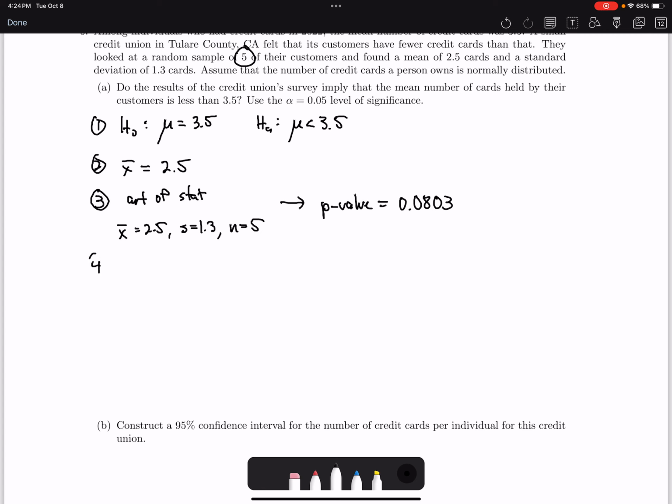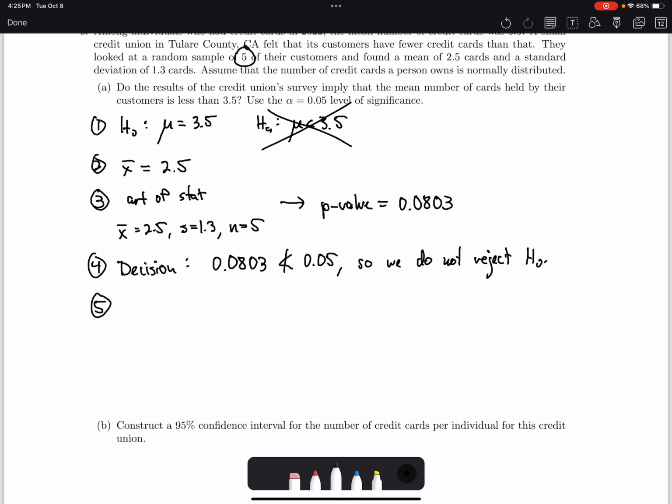Well, 0.0803 is not less than 0.05, so we do not reject. We're not rejecting the null hypothesis. That means we don't have sufficient evidence to support the alternative.